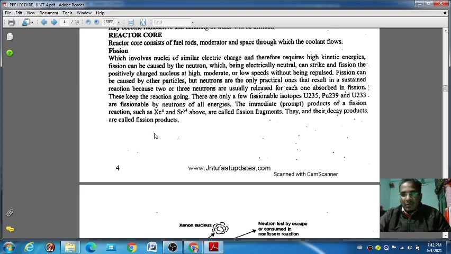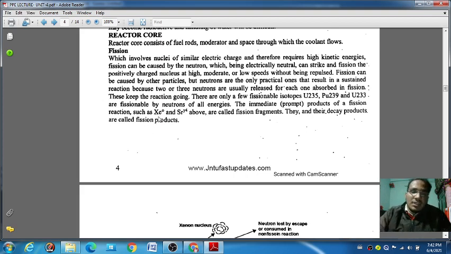There are only a few feasible isotopes for nuclear fuel: Uranium 235, Pu 239, that is plutonium, and U 233, fissionable by neutrons of all energies. The products of fission reactions, such as Xe, Ce and Sr above, are called fission fragments. They and their decay products are called fission products.